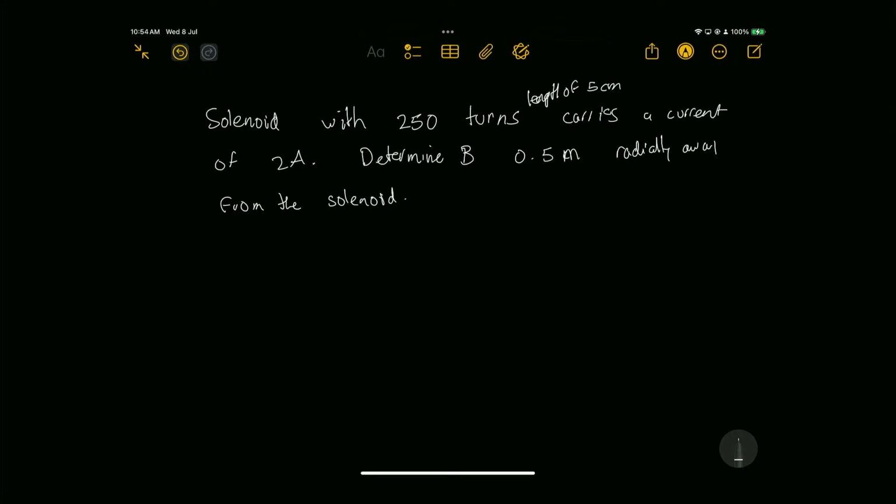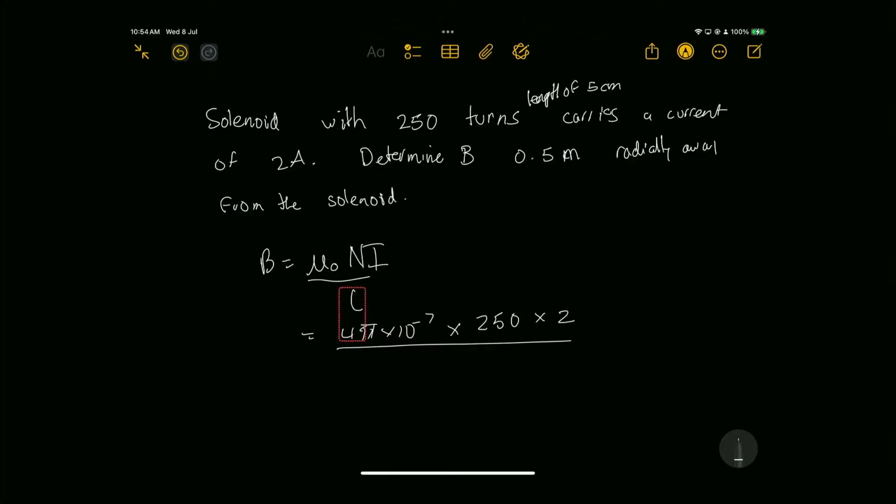Is it B equals mu naught N I over L? B is equal to mu naught N I over L. Right? So we could substitute 4 pi by 10 to the negative 7 multiplied by 250 multiplied by 2, and what are we dividing by? Meters. Right, 0.5 meters.